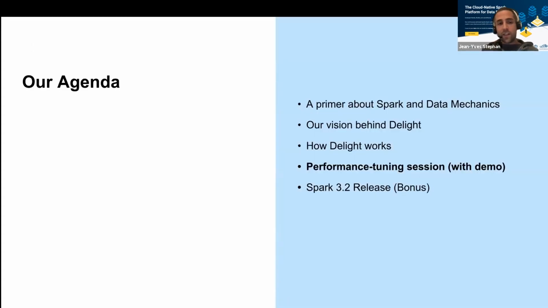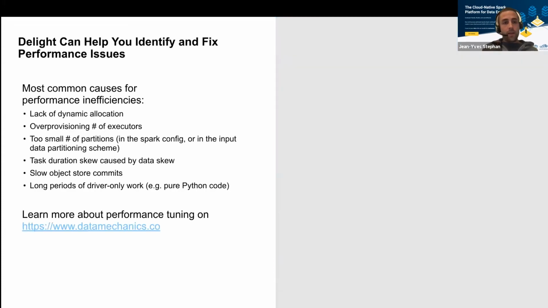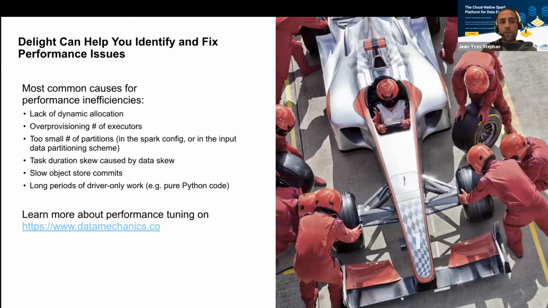Okay, so now that I've explained at a high level how Delight works, I want to show you live screens of the Delight UI. But before I do, because we started talking about efficiency, I want to say what the most common causes for low efficiency are.